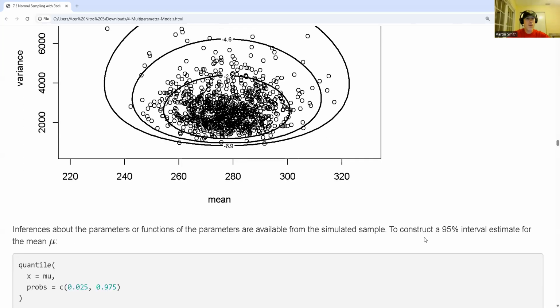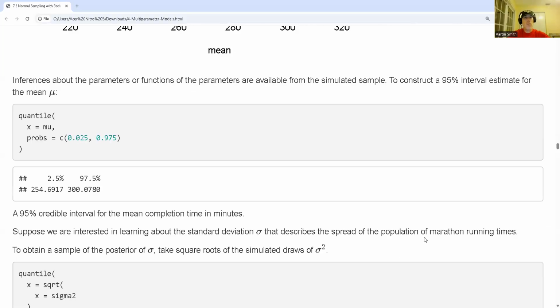All right. So now we can use inferences about the parameters or functions of the parameters in multiple ways. If I have a problem that's rather difficult to get to, I can go and do a simulation like this and work out any bizarre, crazy thing that I wouldn't be able to do by pencil and paper mathematics.